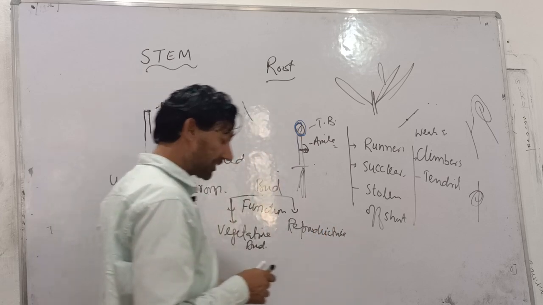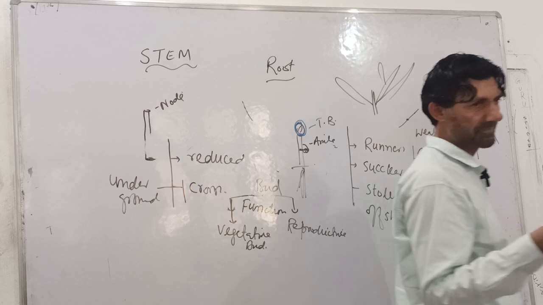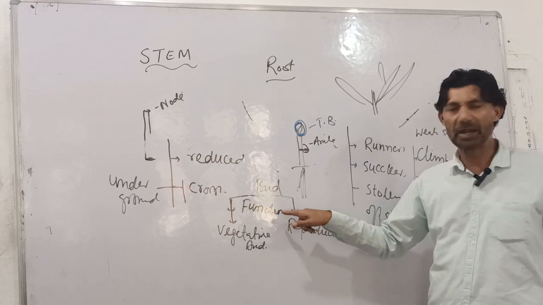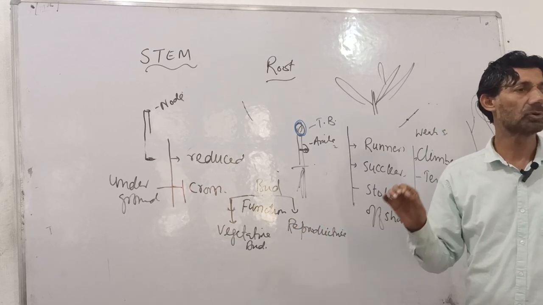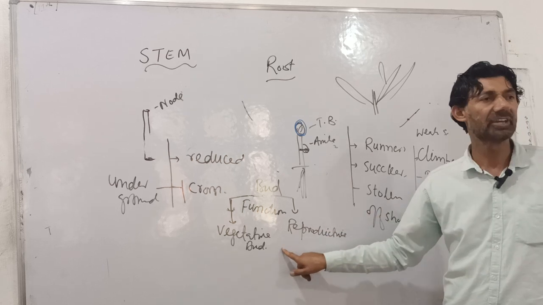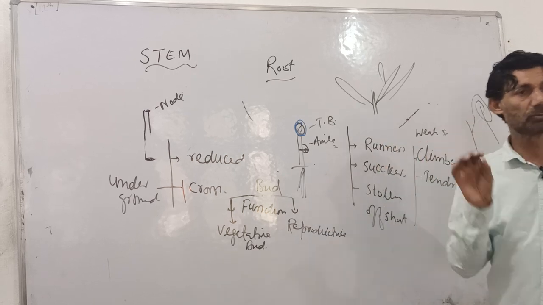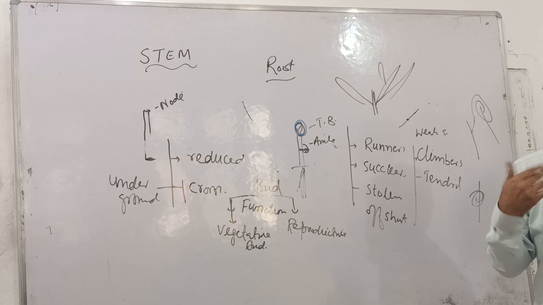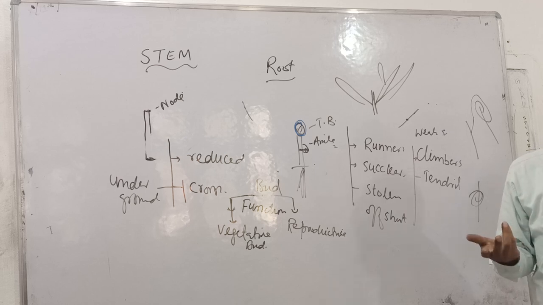And on the basis of function, buds are classified into two types. One is called a vegetative bud. From a vegetative bud, leaves or branches arise in a plant.